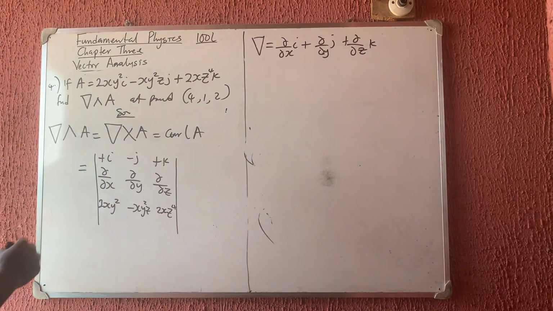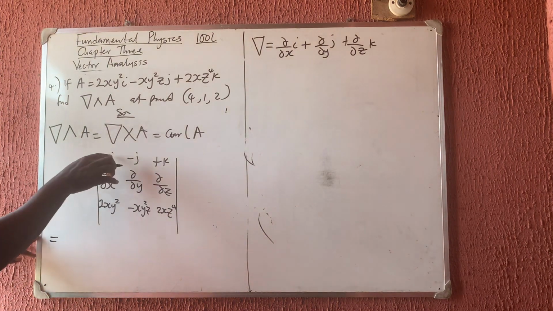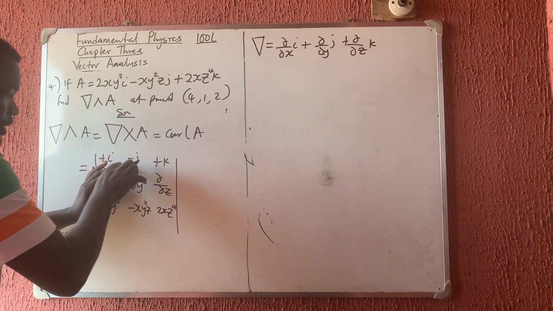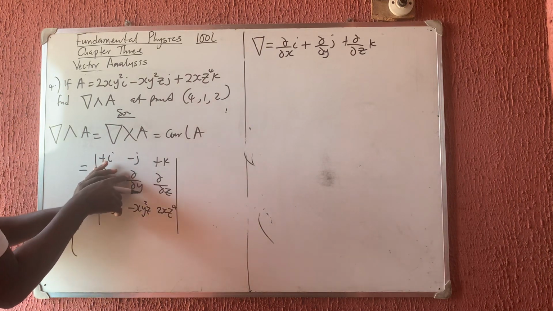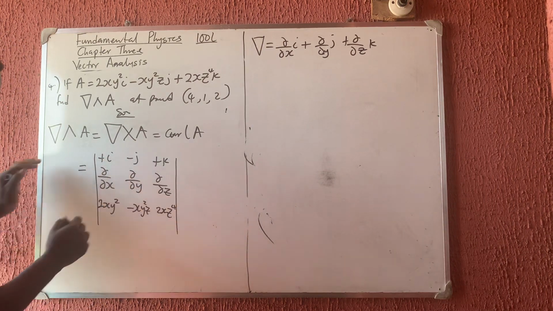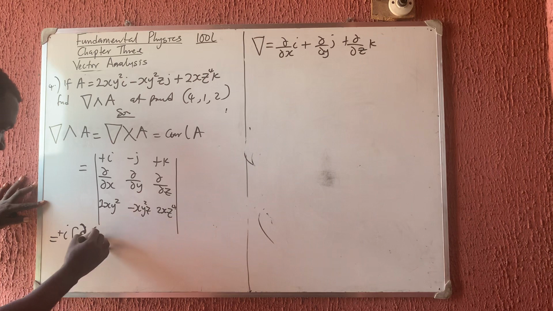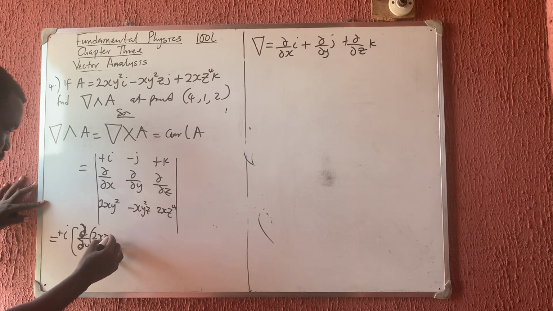Okay. So now let's get our answer. First of all, I'm taking my i. I'm opening a bracket. Cover here. This cross this. So this will differentiate this with respect to y. So I have partial y of this one, 2xz raised to power 4.